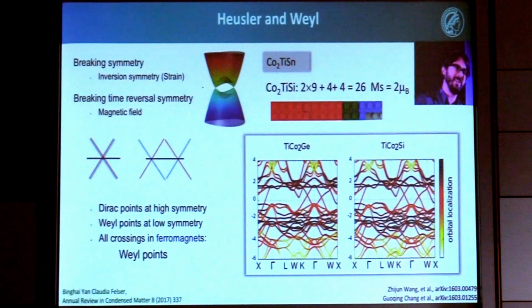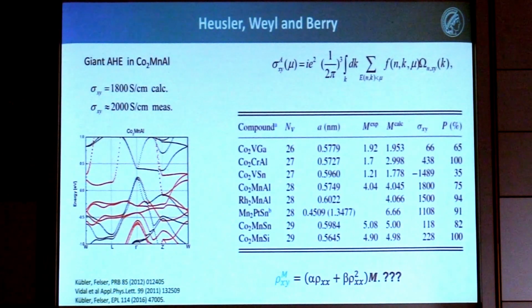When we saw this publication from Andrei, we immediately recognized, oh, we already had Weyl semimetals in Heusler compounds, because a long time ago here in Mainz, I worked with people who are now members of the Claudia group, and so we looked for the anomalous Hall effect in Heusler compounds, and we found a giant anomalous Hall effect in cobalt-2, manganese, gallium, aluminium.